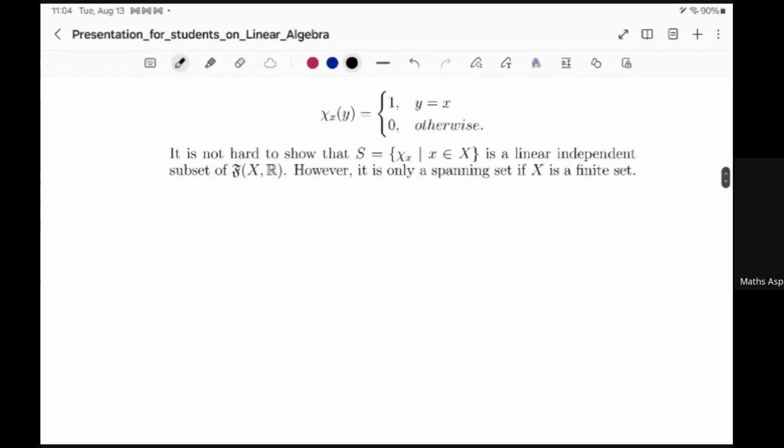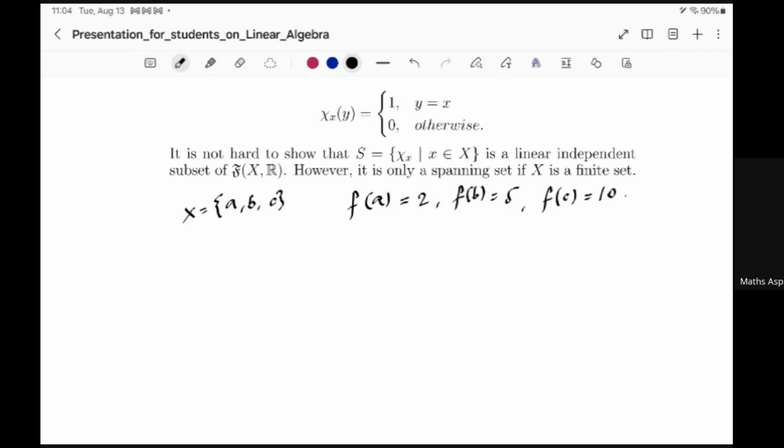Say we define X to be {A, B, C}, and you have a function F which takes A to 2, F of B to 5, and F of C to 10.